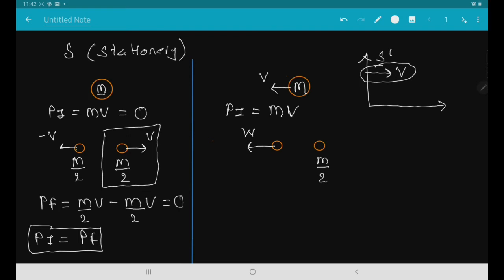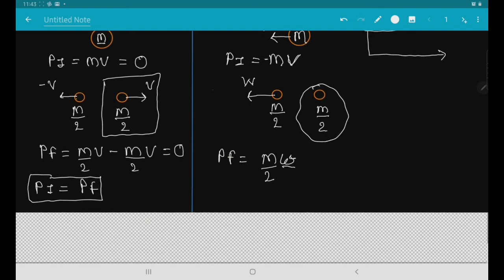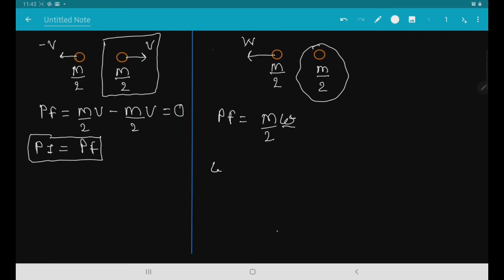Since the velocity is towards the left, it will be minus mv, and the final momentum will be mass of this object into its velocity, let us say w. We are not considering it as negative w, because we will find this w by using Lorentz transformation. This second mass is not moving, so we don't need to consider it.